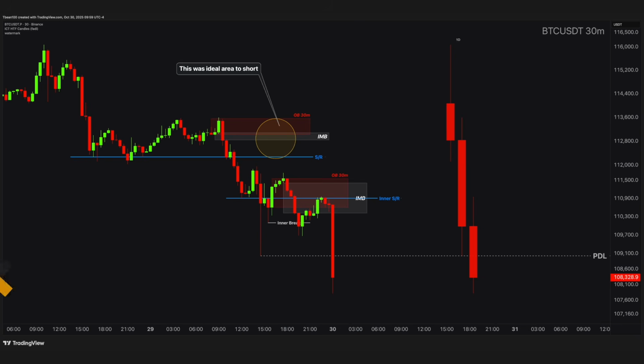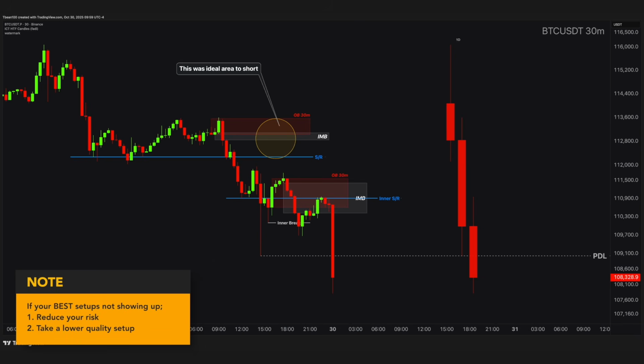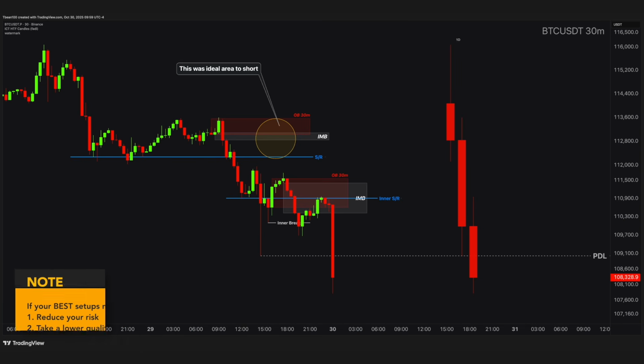So in the end, if you just wait for one perfect setup, you might never take a trade at all. Sometimes you got to adjust your risk and take trades that might not be perfect, but still make sense within your plan. Trading is rough and it is never going to be easy because these markets are unpredictable and quite challenging.